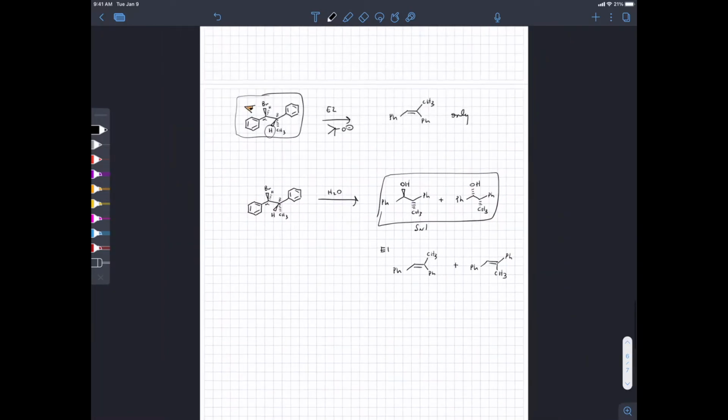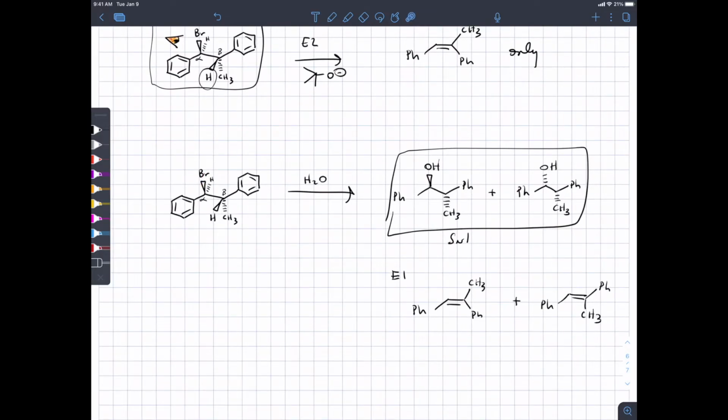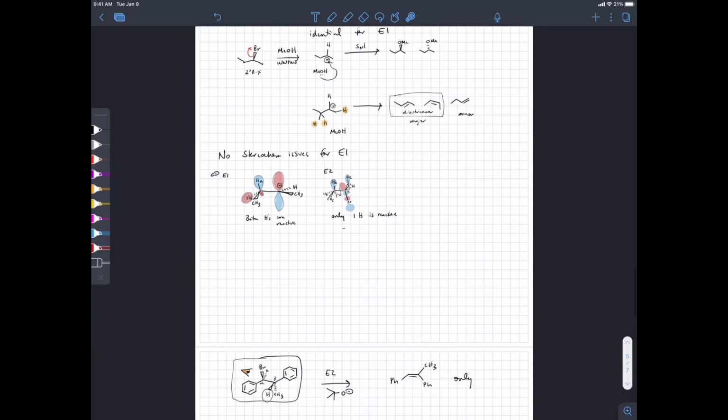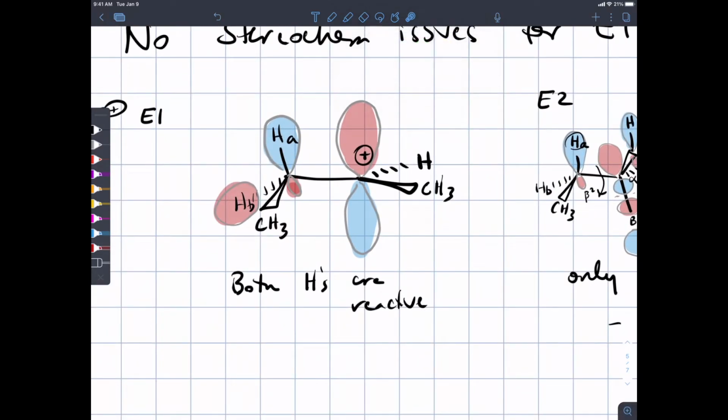The reason is that once the leaving group leaves, you have an empty p orbital, and there are multiple ways for the single beta proton to be lined up with the empty p orbital. So that may be worth going through and convincing yourself that that's true. Ultimately, you would be looking at some kind of carbocation like this, and you would reflect that if I rotate around this bond, I can bring this H-A to be lined up with the p orbital anyway, so it doesn't matter which side it's on.